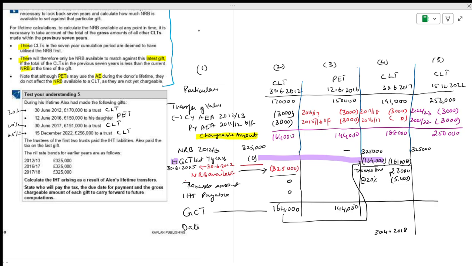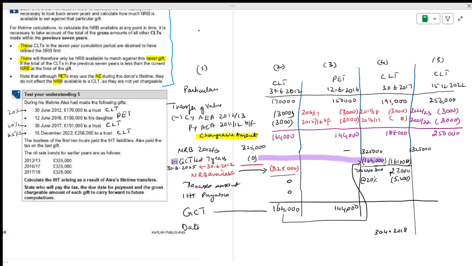15th December. How much have they used in the last 7 years? One six one.